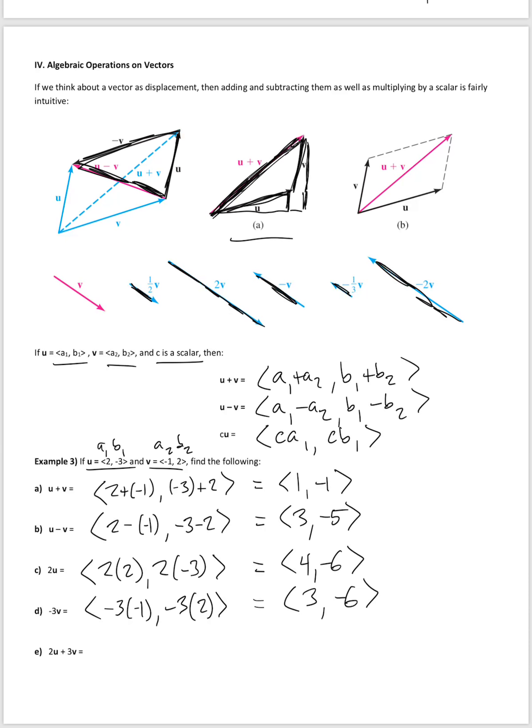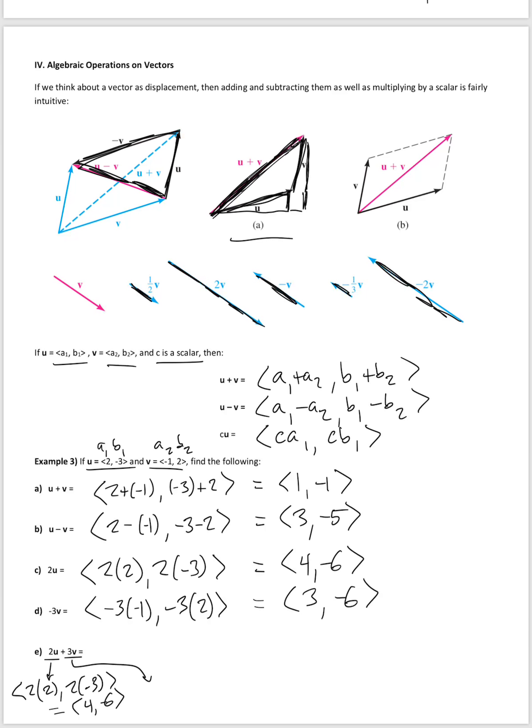Finally, letter E, 2u plus 3v, very much more similar to the kinds of problems you'll see on assessments. I have a few steps I need to do. So first I need 2u. We already calculated that up above, but suppose we didn't. That's just 2 times u, which is 4, -6. 3v.